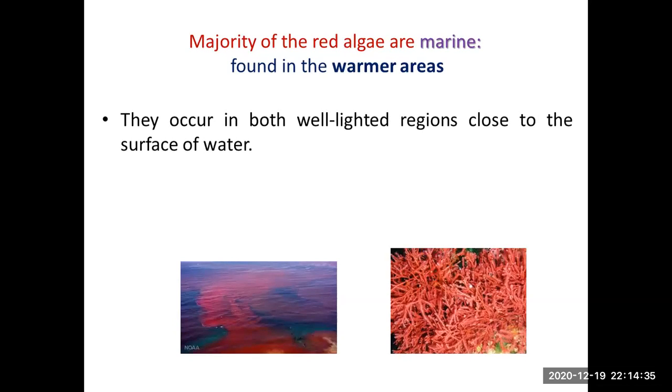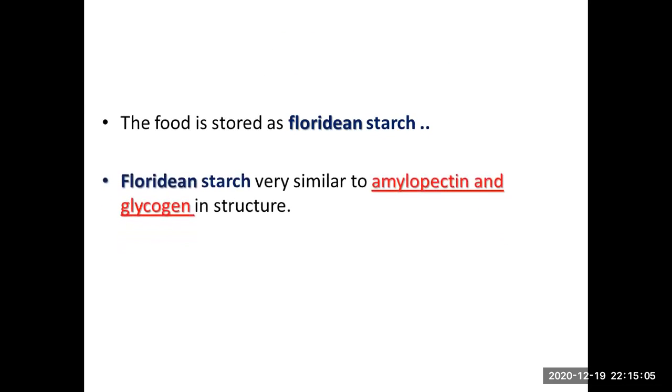Red algae is close to the surface of water, as well as present at great depth in oceans. The storage food is Floridean starch. Floridean starch is similar to amylopectin and glycogen.